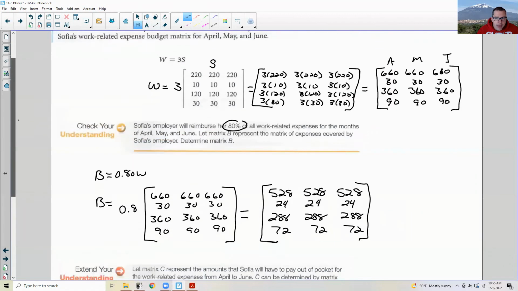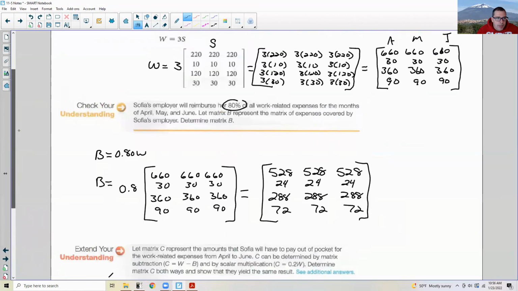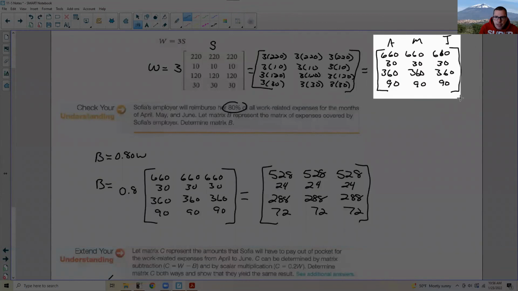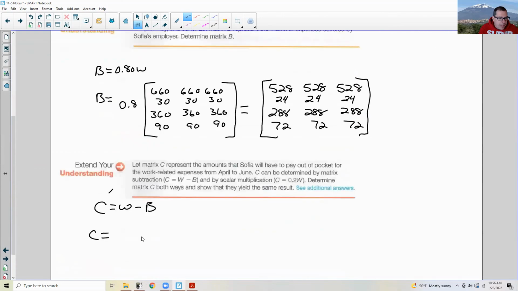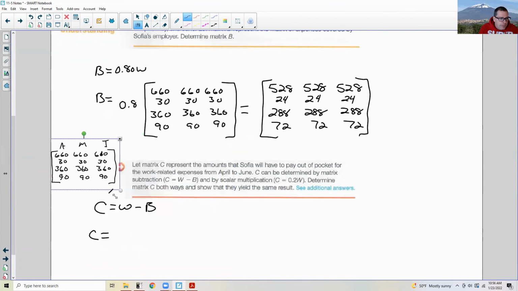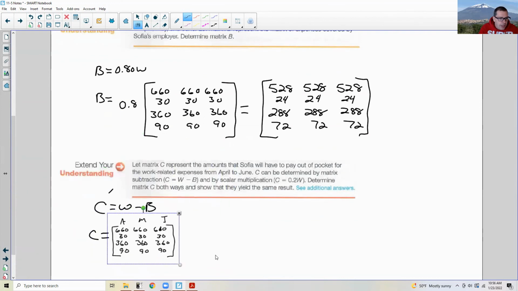So W ended up being 660. It's this matrix here. Let me just copy that. So we're going to take this matrix right here, and that's my W. Okay, so there's W, and we're going to subtract B, which was 80% of W. So now we're going to subtract this.